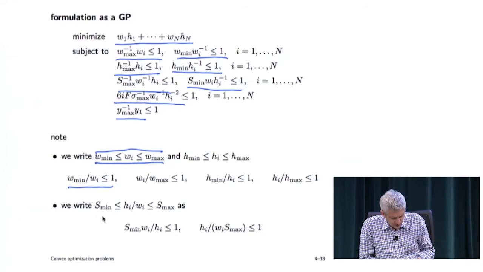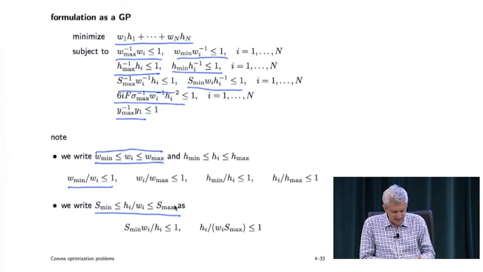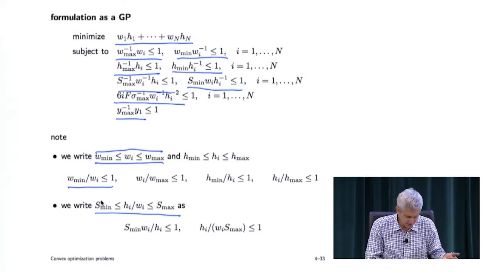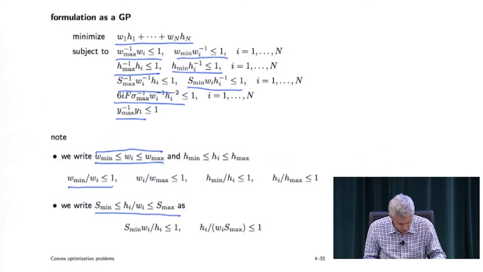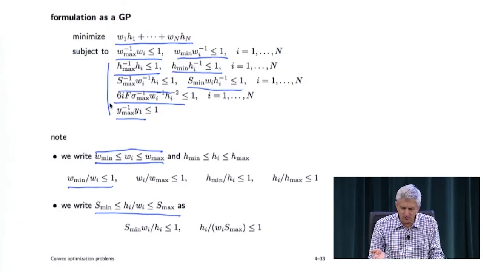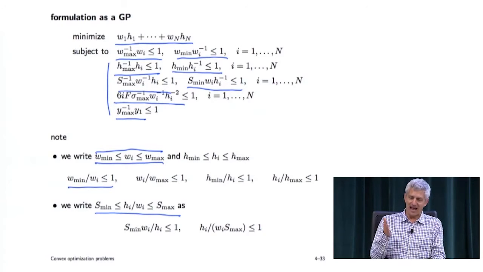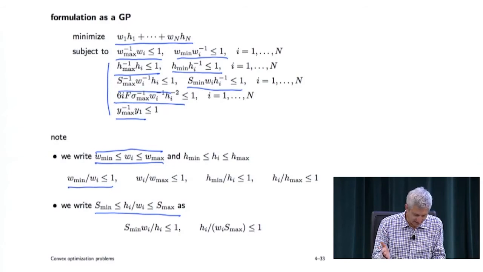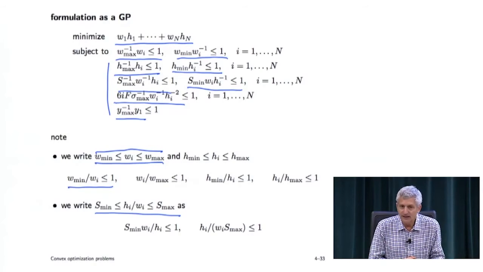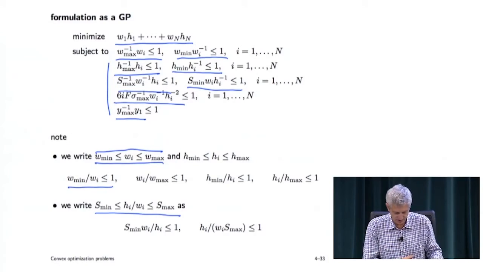And you just write things like that, the ratio. They would say that's a monomial, and you can have monomial less than a constant and monomial bigger than a constant. So you would rarely write it this way unless you were going to call a raw GP solver, where you had to produce the data in the canonical form. These days with things like CVX, there's no reason to do that. It's just a waste of your time.